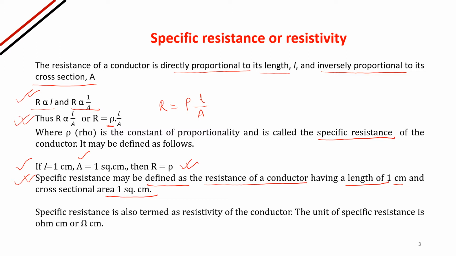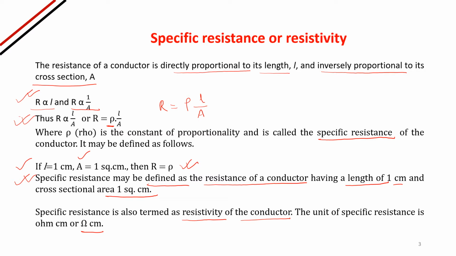Specific resistance is also termed as resistivity of the conductor. The unit of specific resistance is ohm centimeter. How is it ohm centimeter? I am talking about the specific resistance or resistivity.